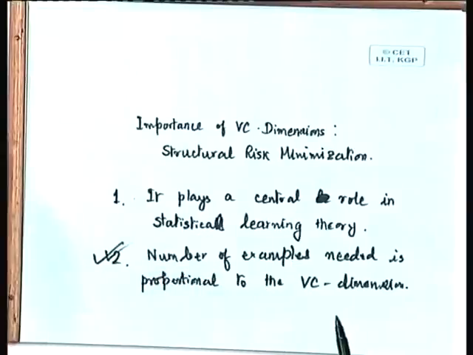Like yesterday you had seen that for the example of two-dimensional cases and linear activations, it is equal to the number of free parameters. In that case it was 2 plus 1, in fact it was 3. Even if you take the case of a 2-input neural network, the number of free parameters is 3 because you have to include the bias.